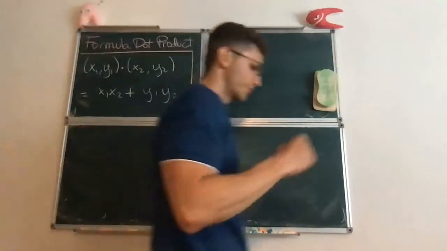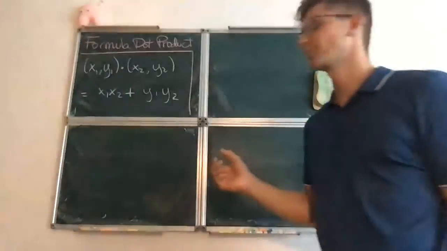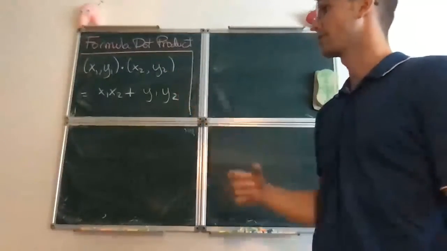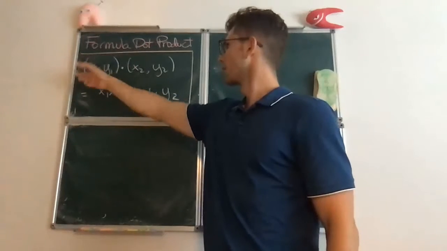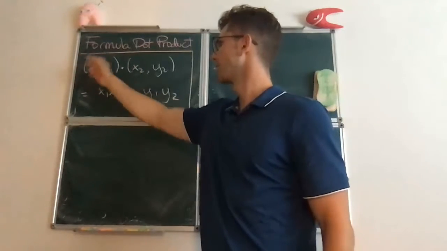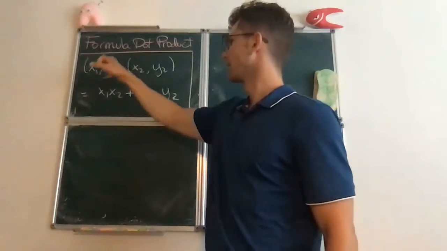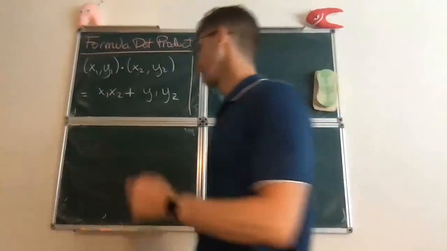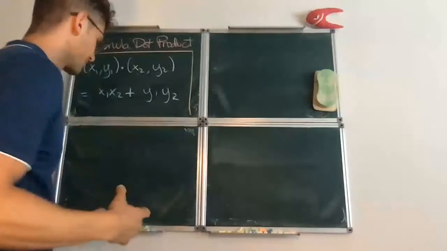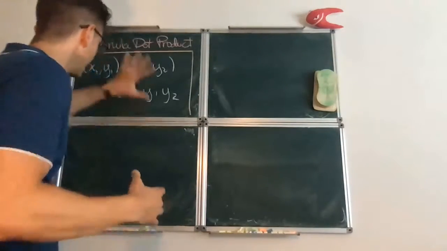And what I mentioned or tried to explain is that the dot product between the vectors is then the corresponding products of the entries. So first entry with first entry, and then second entry with second entry, and then you just add the result together. So the formula itself is not too deep from here.